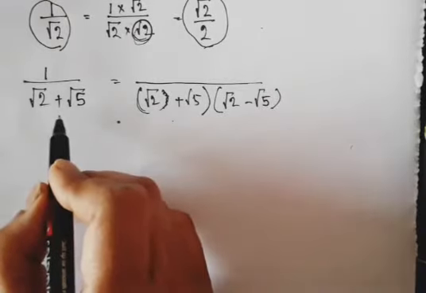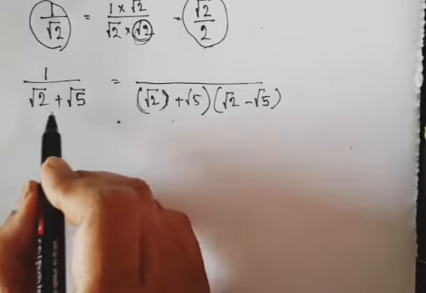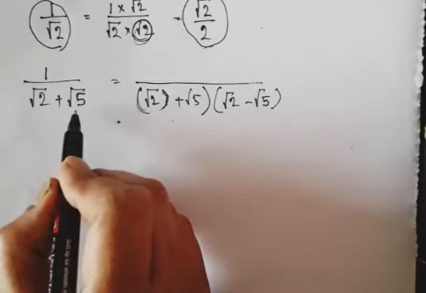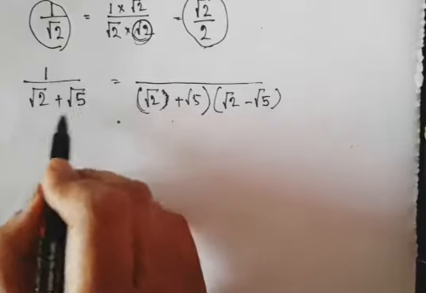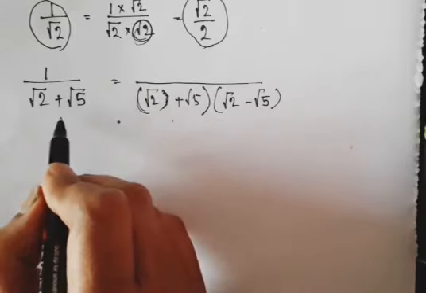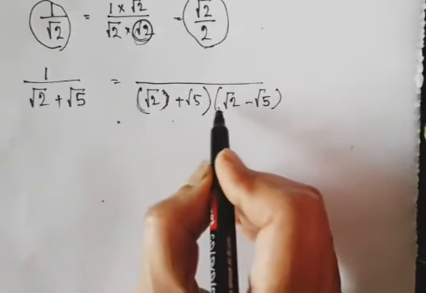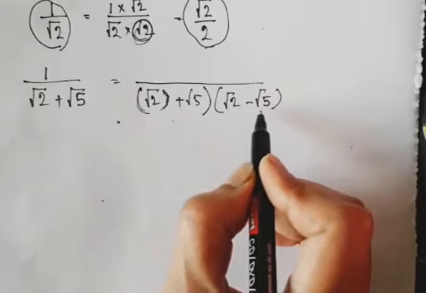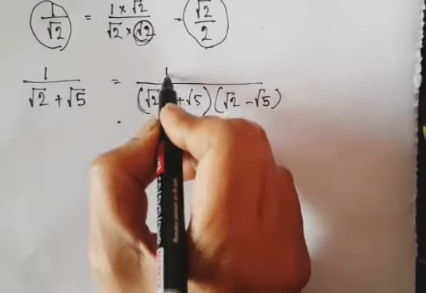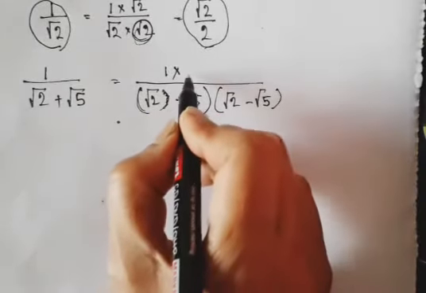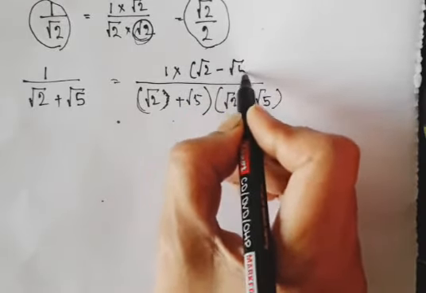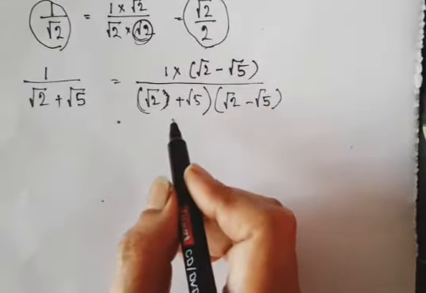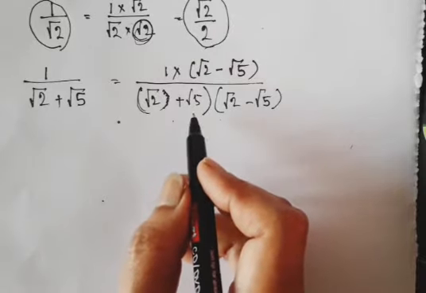So for this particular term we can say root 2 minus root 5 is the rationalizing factor of this root 2 plus root 5. Now if we multiply root 2 minus root 5 here, obviously in the numerator the same constant number we have to multiply, so that the value remains unchanged.